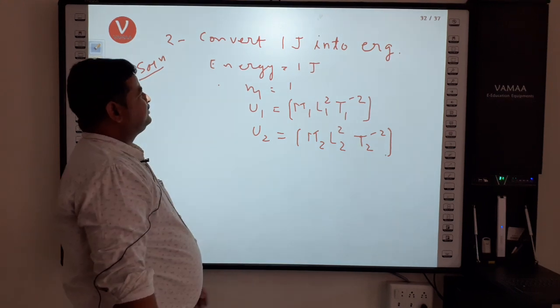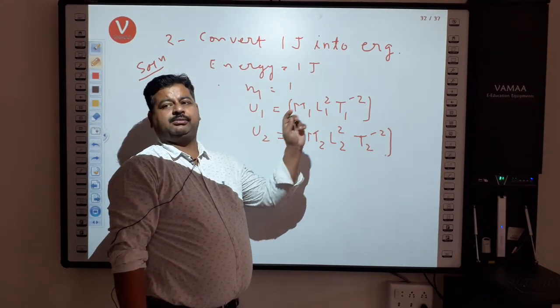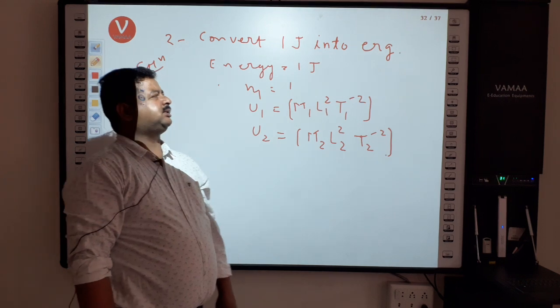Here joule is in the MKS system and erg is in the CGS system.